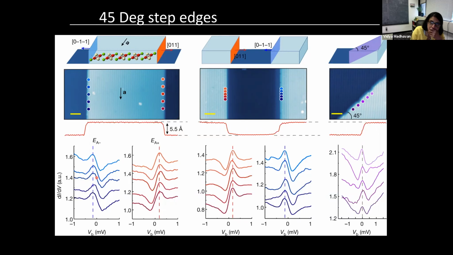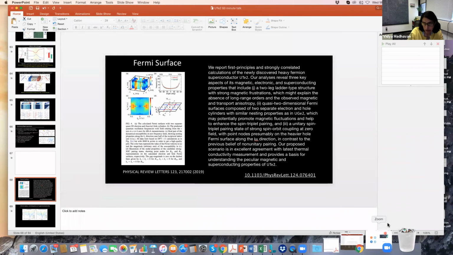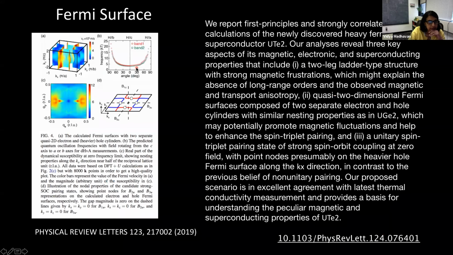Next question by Anton. So I'm wondering, you showed the Fermi surface before, and it was extremely anisotropic. The electrons are, by the looks of it, moving only in a couple of directions. It's a little bit unclear here, especially in the cross sections, where it seems quite extreme. So how are these directions oriented compared to the step edges? One of these directions is the direction of the step edge.